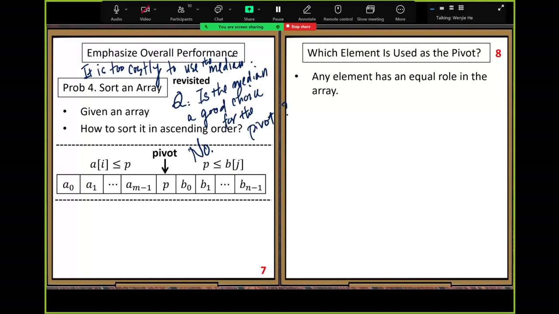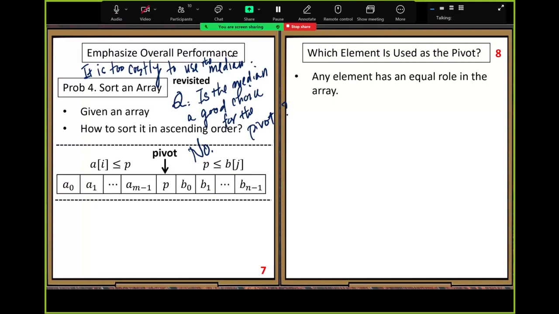Now, if you want to use the real median as the pivot, your algorithm will be very, very slow. Even much slower than the merge sort. If in that way we just use the merge sort, we can do much better. So you cannot do the median in this step. Forget about the median.